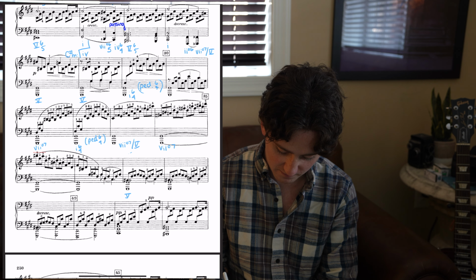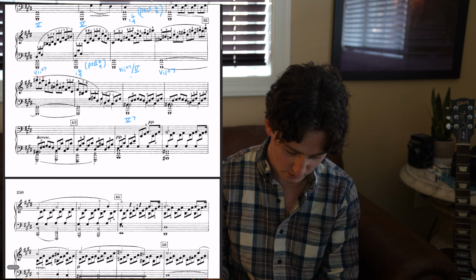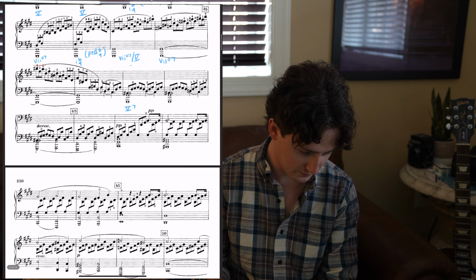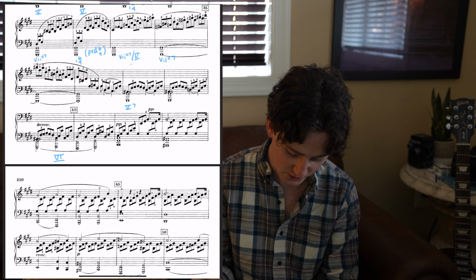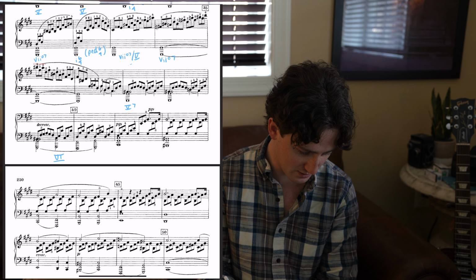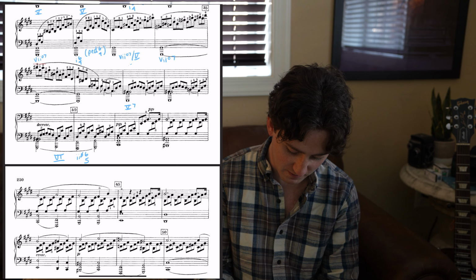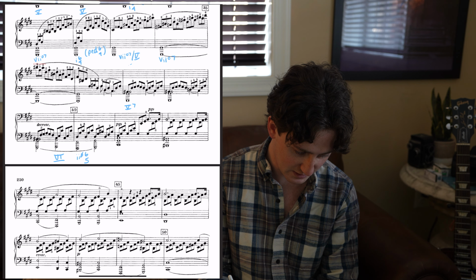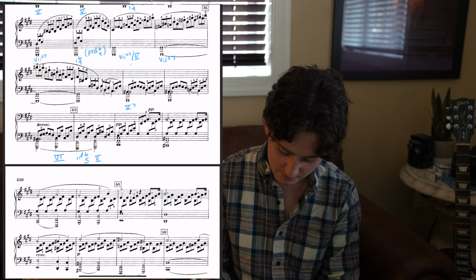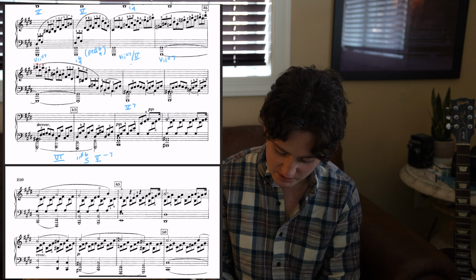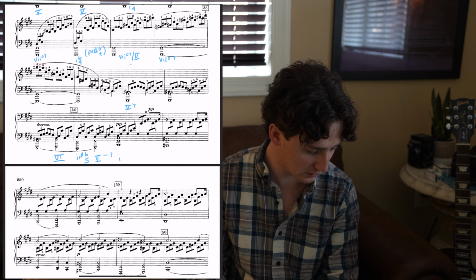Going back to 5, 7 for 2 measures. 6, major 6, because we're in a minor mode. 2 half diminished 6, 5. It's a 5. 5 going to 5, 7, back to 1.